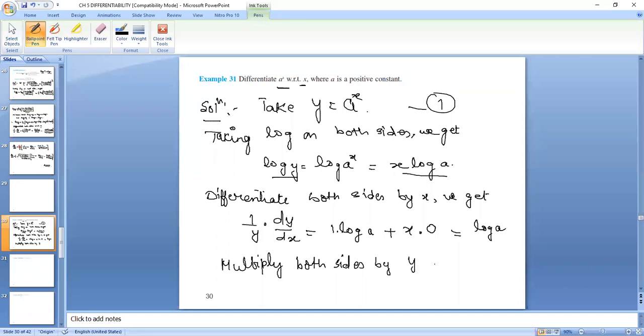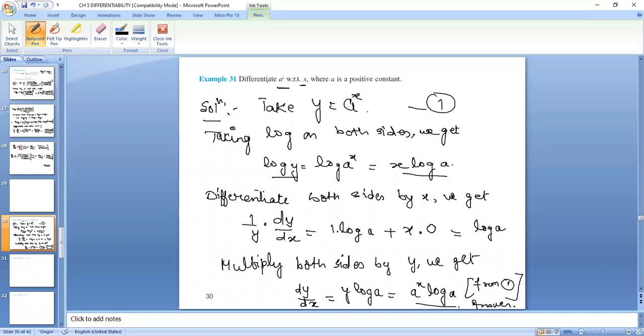So dy by dx is equal to y log a. Put the value of y from number 1: a raised to power x log a. You can mention the reason from number 1. This is the final answer, right?